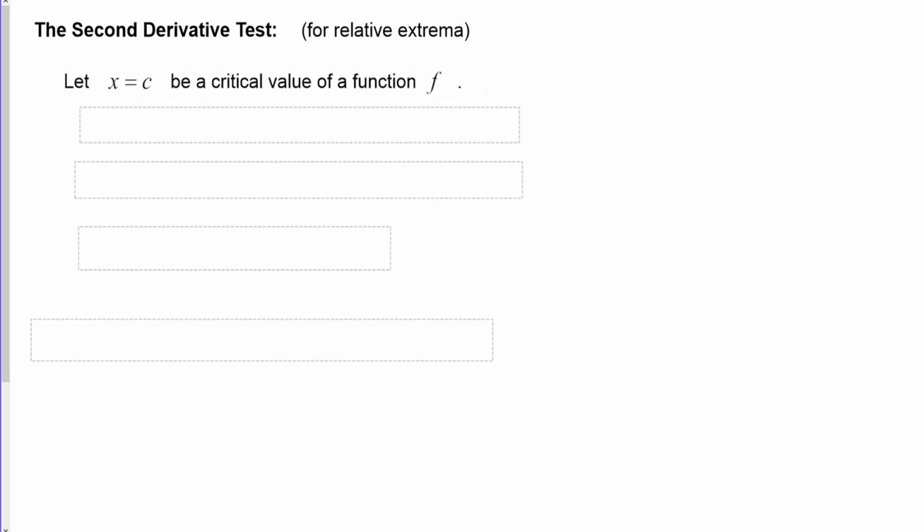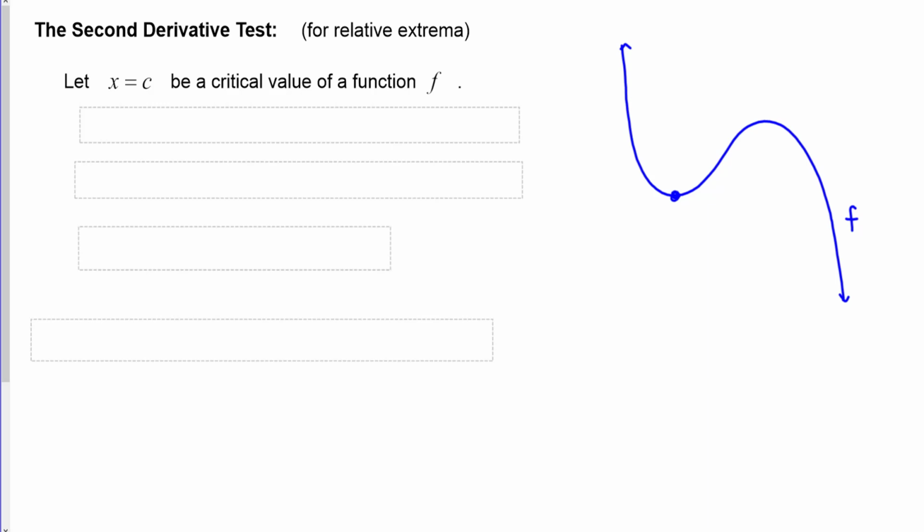So if we let x equals c be a critical value of the function f, let's just say I have a function like this. This is f. If x equals c is a critical value, I'll pick this particular point here. I know that the first derivative is going to have a horizontal tangent line there.